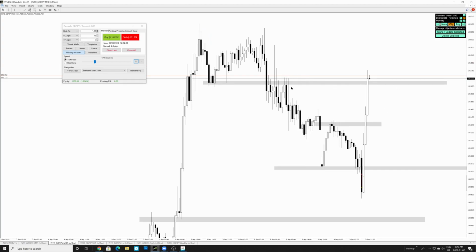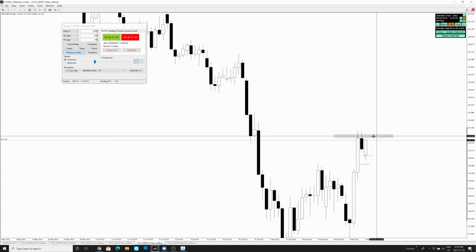So since we're closing above this resistance level, now we can say that there's a high probability for price to continue up to maybe fill this wick over here, which is like 25 pips away. And if you look on the daily time frame, daily candle is also coming up above now towards this resistance here.